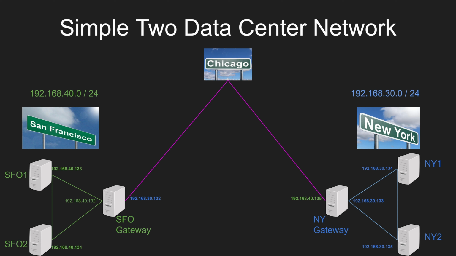If you noticed, the San Francisco 1 and San Francisco 2 computers have only one network interface on them. But on the San Francisco gateway, there are two network interfaces. One is connected to the internal San Francisco network. The other one is going to Chicago. Just imagine there's a wire running from San Francisco to Chicago.